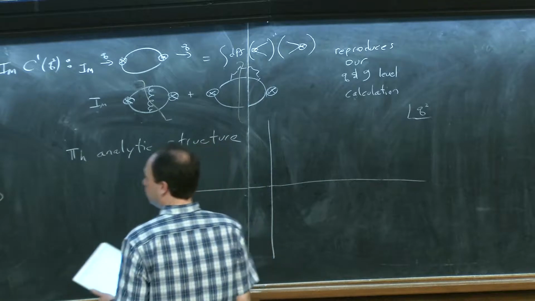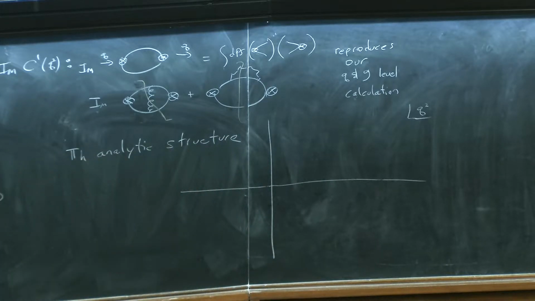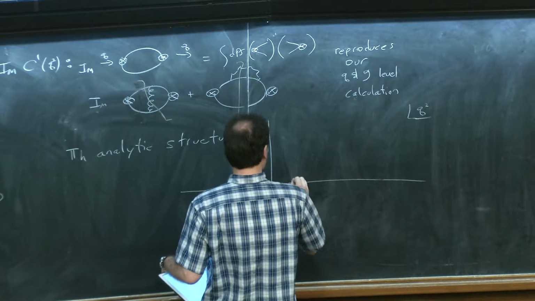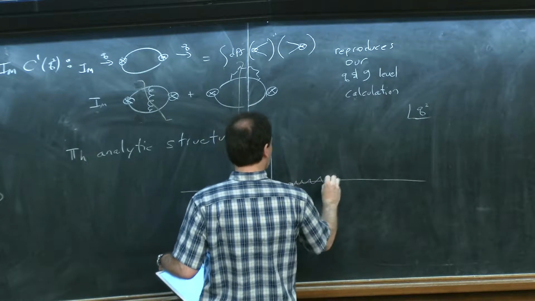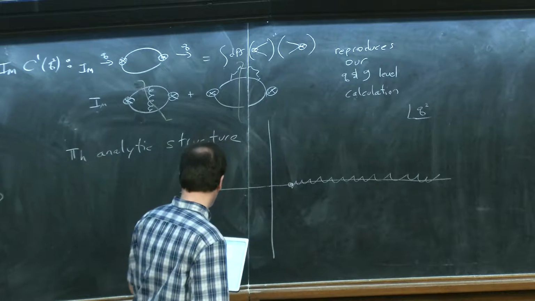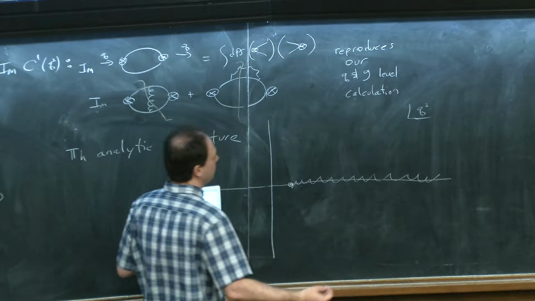In the complex Q-squared plane, this thing has an imaginary part corresponding to the real particles that are the hadrons. And that's a cut along the real axis here. There's a cut there, and that's basically it.